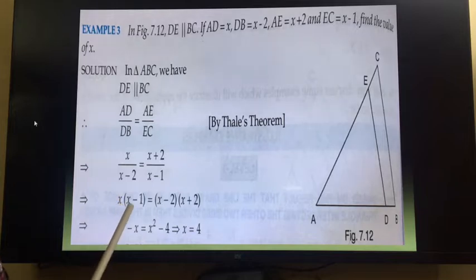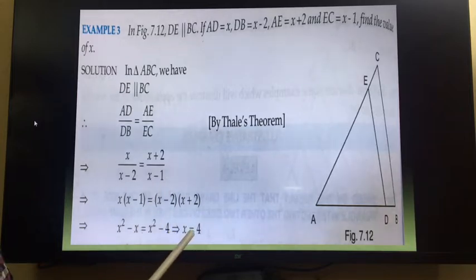Now x square minus x is equal to, here a plus b, a minus b formula, x square minus 4, and after simplification we will get x is equal to 4. So this is the method of finding. This is also a good question, so please do it carefully and write in your notebook. This may come in the exam. It is of 1 mark but a good question.